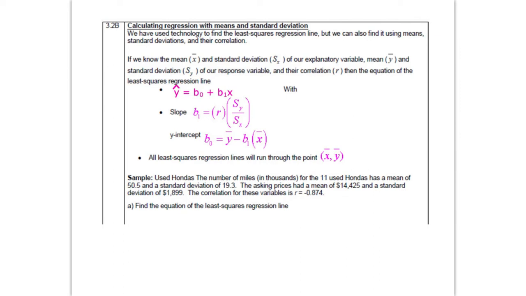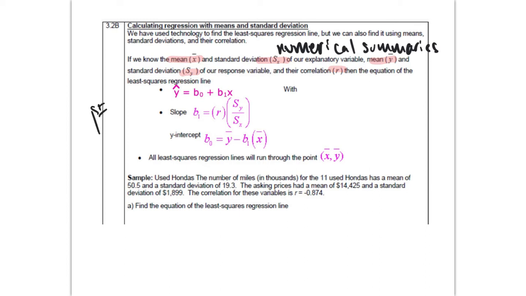What this is saying is, if we know the mean x bar and the standard deviation of x, our explanatory variable, we know the y bar and the standard deviation of y, and the correlation, these are our numerical summaries. These are statistics. For our data, we can come up with the equation of the least squares regression line.